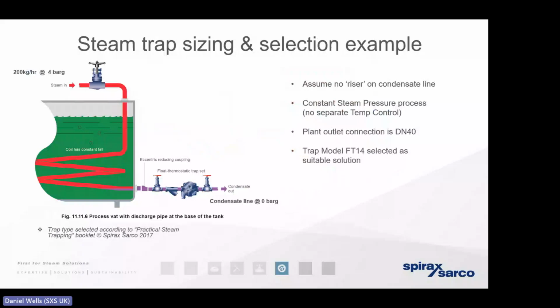The pressure downstream of the trap, we've put that down as 0 bar gauge. So we've got 4 bar motive energy, or a differential pressure of 4 bar, that's capable of pushing the condensate away. We know that on this occasion, we're going to have a large mass of condensate to remove. So we know that a float trap is the perfect choice on this occasion.